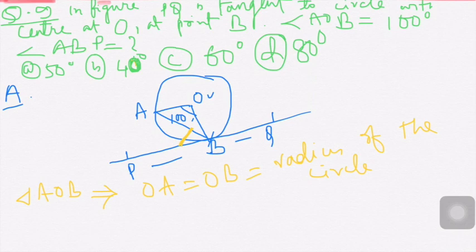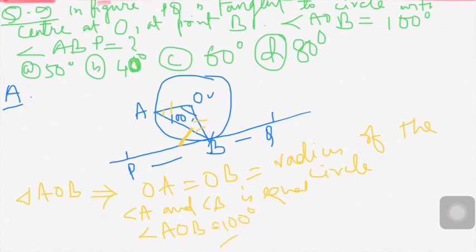Hence we can say that this is an isosceles triangle. So these two are equal, hence angle A and angle B are equal in the triangle, and we know angle AOB equals 100 degree.